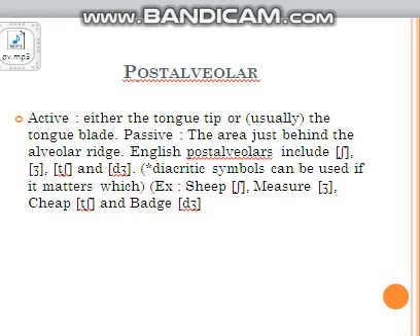And for post-alveolar, the active part of this place of articulation is the tongue tip or the tongue blade again, and the passive one is the area just behind the alveolar ridge. If the alveolar ridge is slightly deeper than the gum, post-alveolar is again slightly deeper than the alveolar ridge.